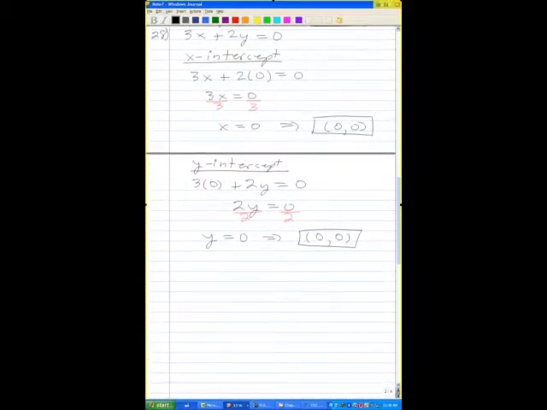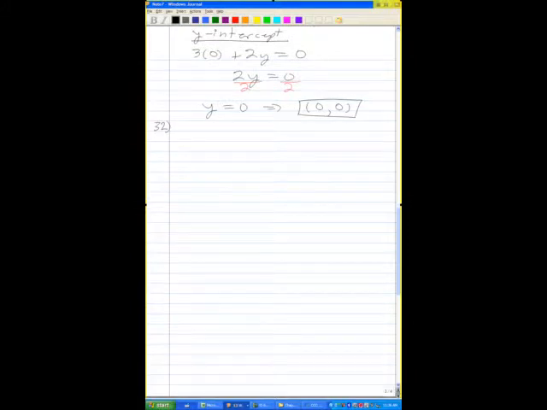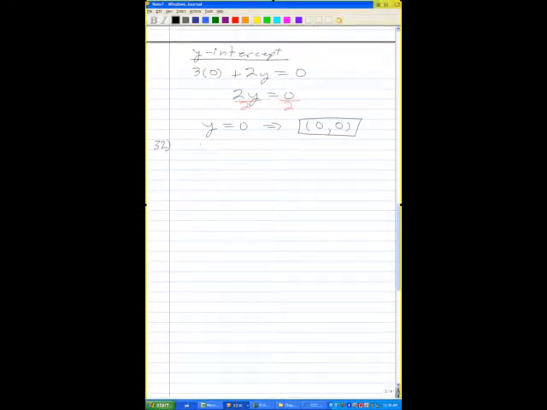So let's do problem number 32: x minus 2 equals 0. Let's find the x-intercept.